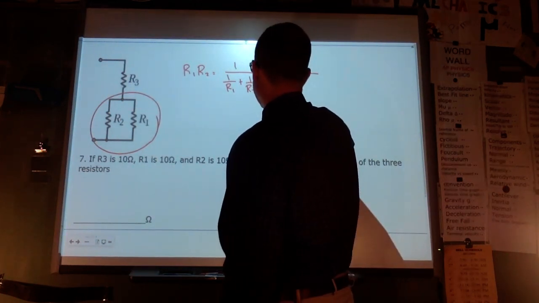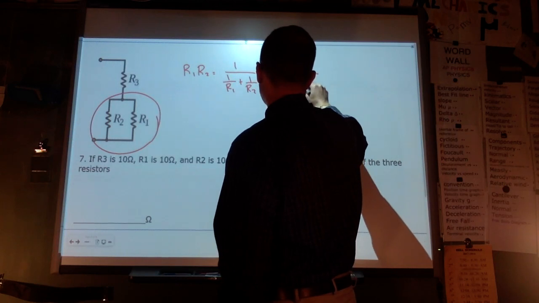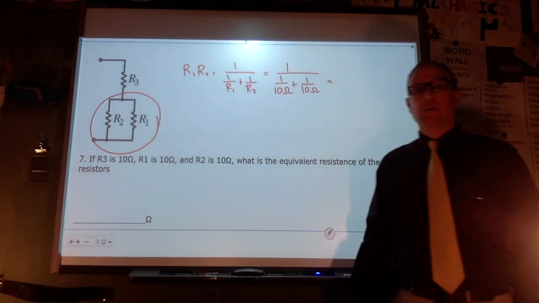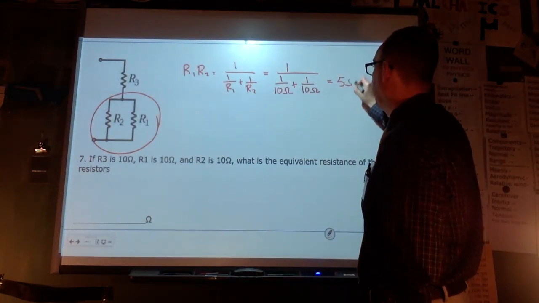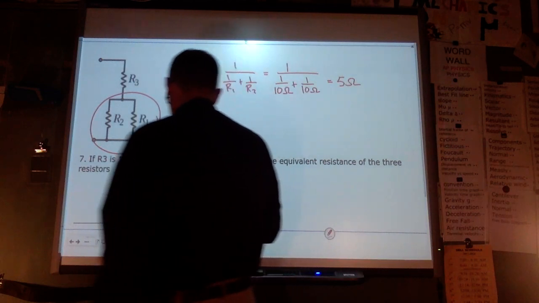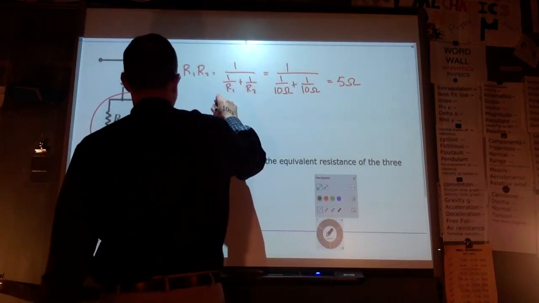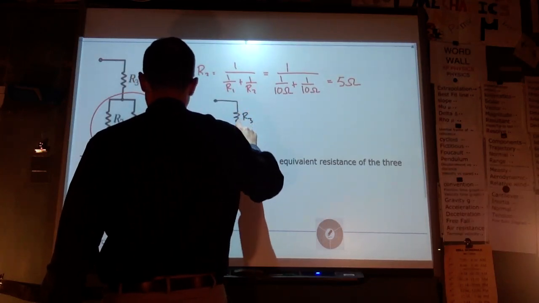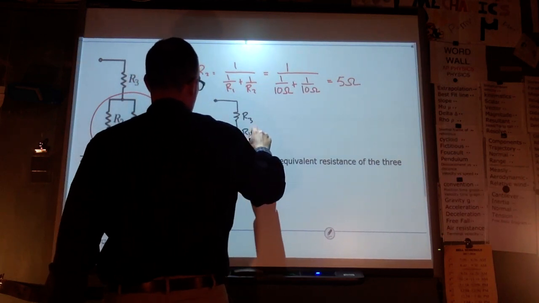So R1 is 10, R2 is 10. So if I put 1 over 10 plus 1 over 10, I get 5. So that means I can redraw this as R3 and R12.